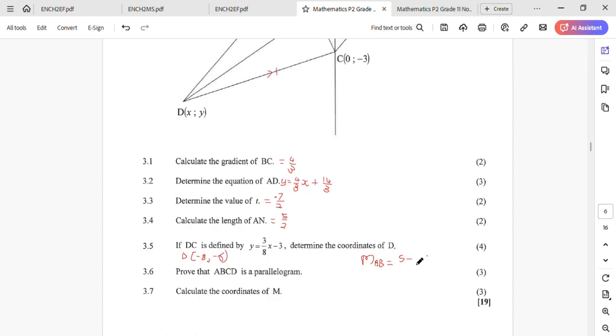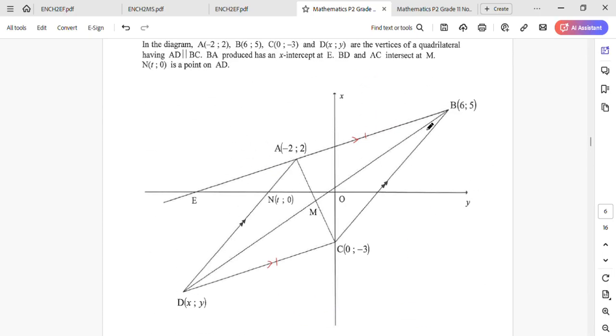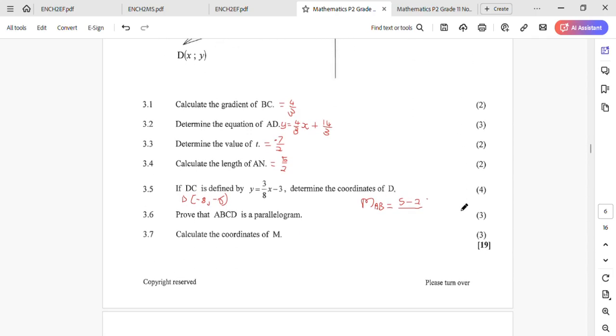That's why I usually say punch your calculator to check. I've done multiple questions today, maybe 50 or more. So it's 6 minus minus 2. So it's going to be 6 plus 2. That is equals to 3 over 8.